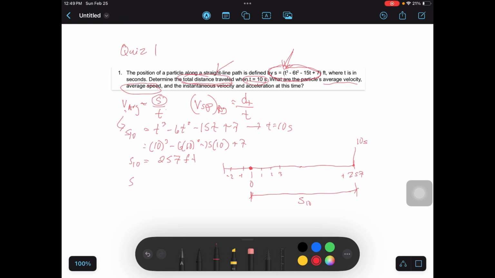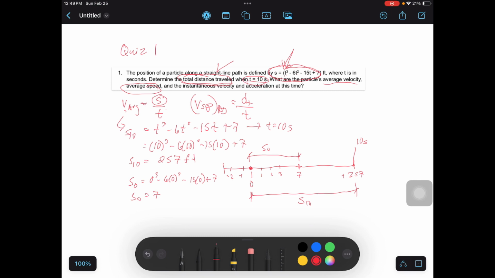But if you will evaluate S0 kasi, anong S0? 0 cubed minus 6 times 0 squared minus 15 times 0 plus 7. S0 is 7. So, andito yung initial mo, dito sa 7. Ito yung S0 mo.